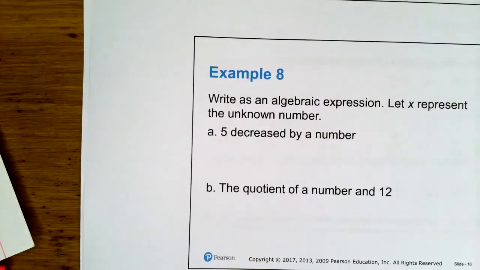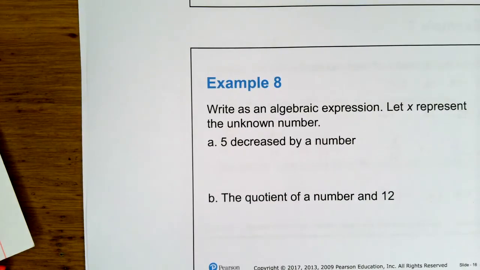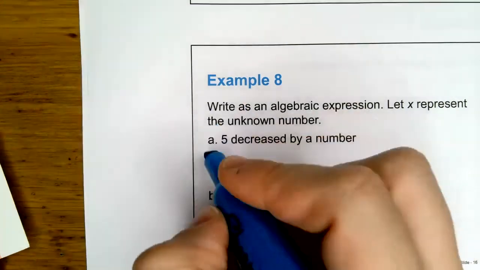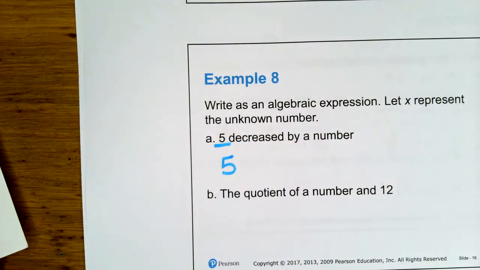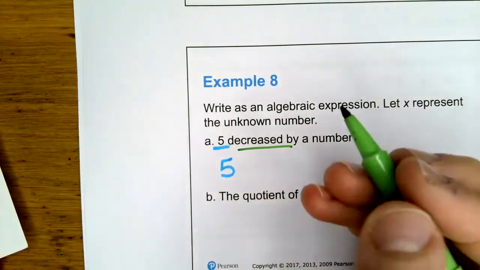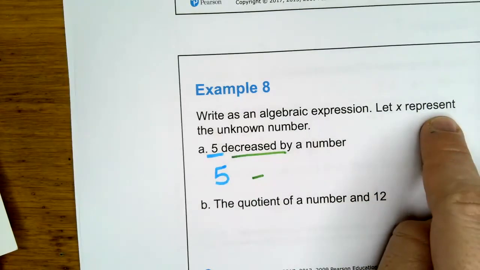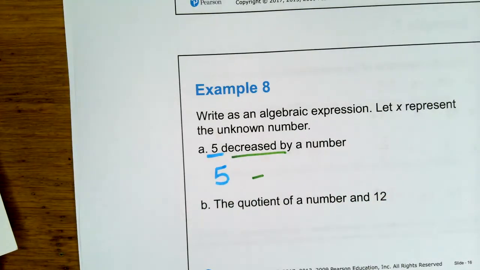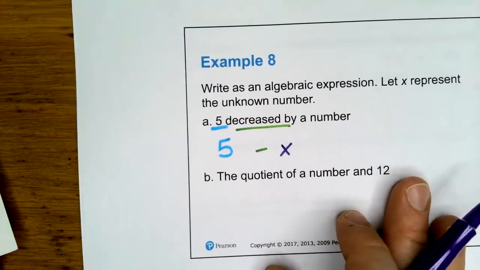So write each one as an expression. X represents an unknown number. 5 decreased by a number. And they said, let X represent the unknown number. And it's an expression, so it will have no equal sign. Don't worry about the equal sign.